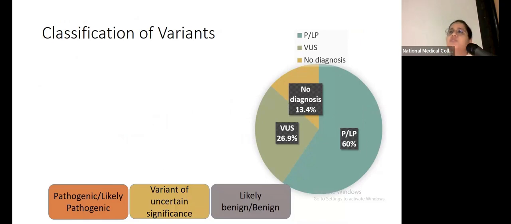Now, before we go into further details of what comprises pathogenic variants, there's a chance that the variant we found is actually disease causing. Pathogenic means there's a 90% chance that this variant is definitely disease causing.